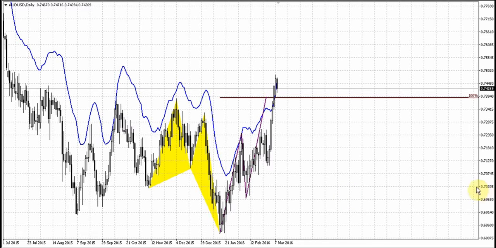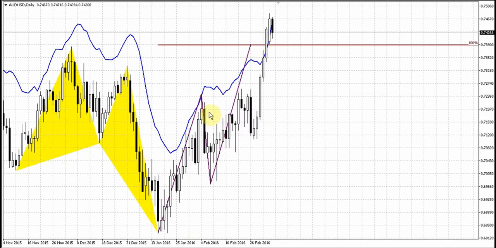You can see this action initially started with this butterfly. Right now, the market has completed our A, B, C, D target, and it also stands at daily overbought. This situation, the combination of the A, B, C, D target with the overbought, would give us some background for possible scalp short trading.